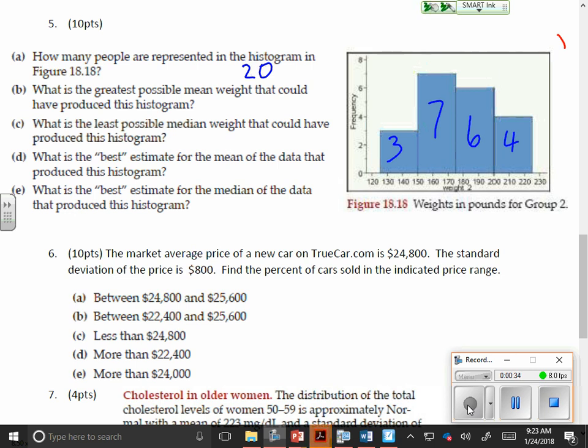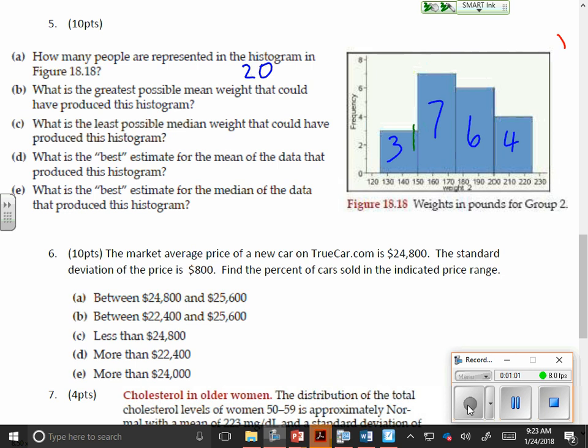What is the greatest possible average that could have produced this histogram? Okay. What is the greatest possible average? So let's look at what is possible to produce this histogram. It is possible that all 3 of these people weighed at the very highest end of this interval.